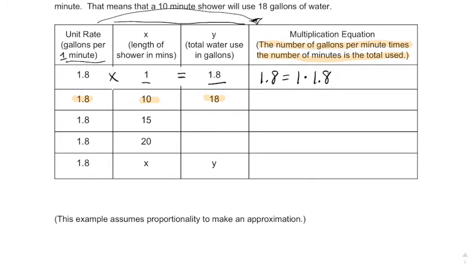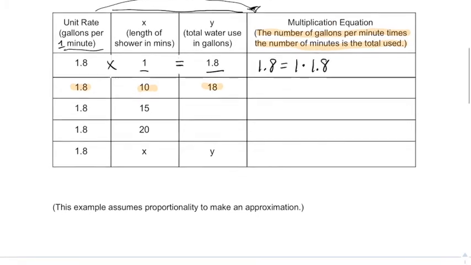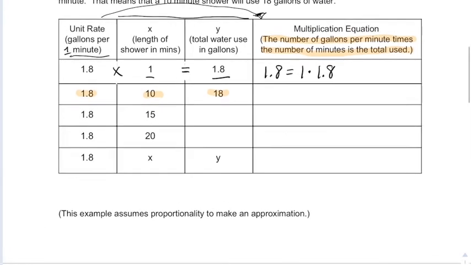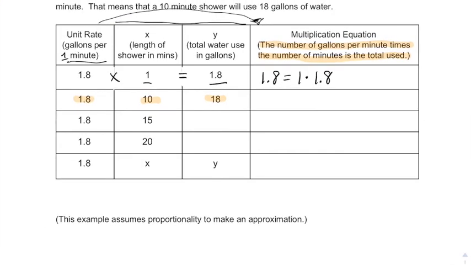The reason that I changed this was to hopefully make this pattern make more sense to you, so that we can write a multiplication equation for each spot in the table and then make that jump to the algebraic equation. Go ahead and try the next 3 and then we'll do the algebraic one separately.